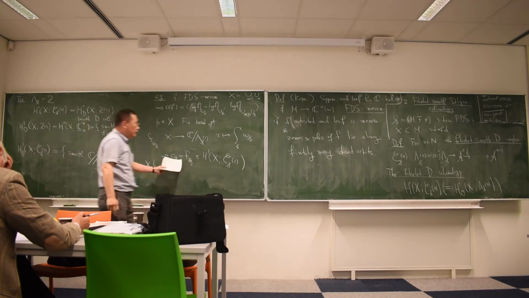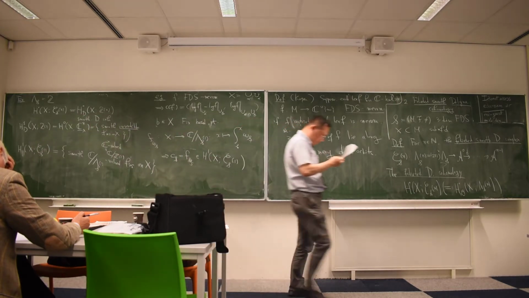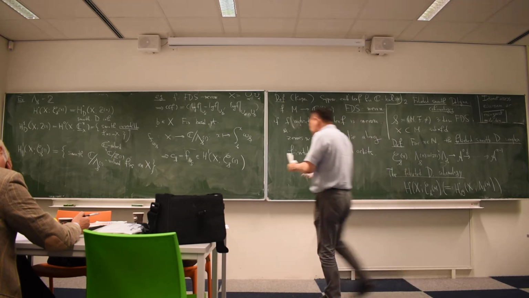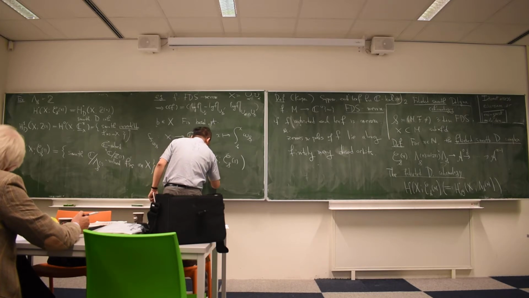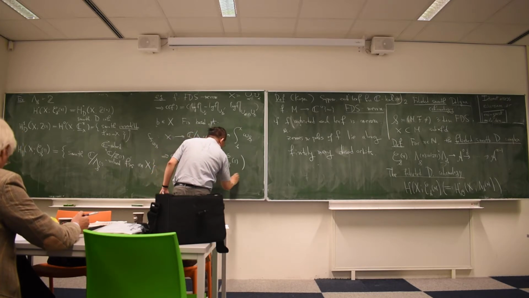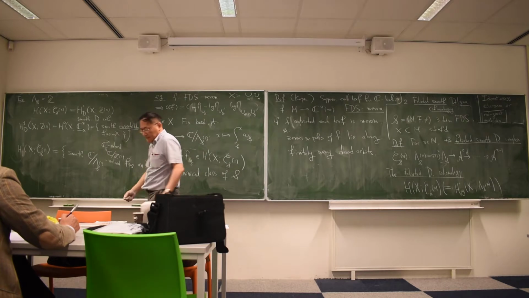So we have this cohomology class, and we call this the canonical class of the FDS.